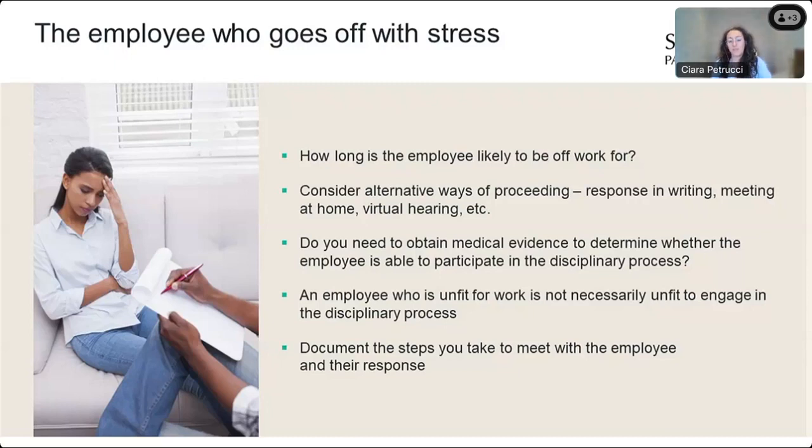So if you simply push on with a disciplinary hearing despite an employee saying they're too unwell to attend, there is at least the risk that you could find that a later dismissal is unfair. And this is especially bearing in mind that the ACAS code talks about when it is appropriate to make decisions in the employee's absence. And I have seen a question on that as well. So hopefully we're going to cover that now too.